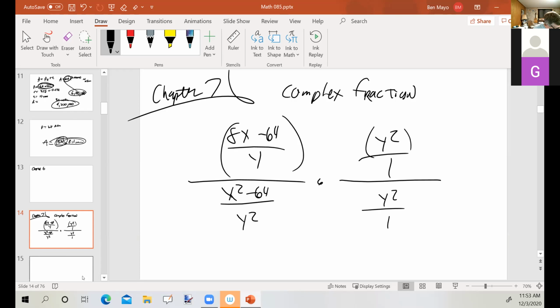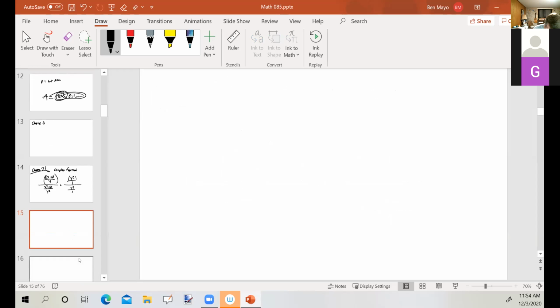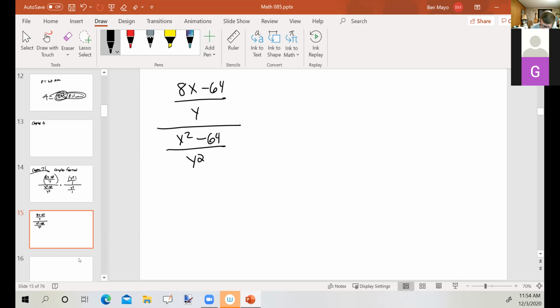Okay, let me rewrite that a little nicer, and we'll take a serious look at it. So 8x minus 64 over y, all divided by x squared minus 64 all over y squared.